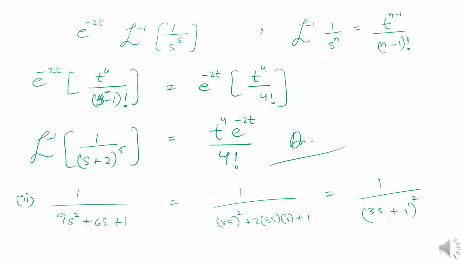So I can simplify: 1 over (3s plus 1) whole squared is equal to 1 over 9 multiplied by (s plus 1/3) whole squared. Here I take 3 as common, so I have to divide by 3.